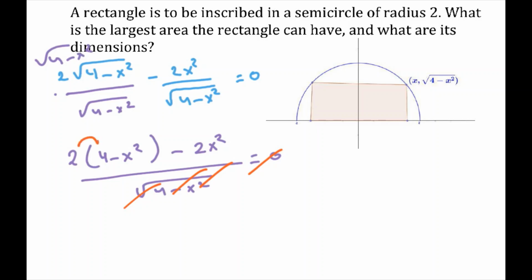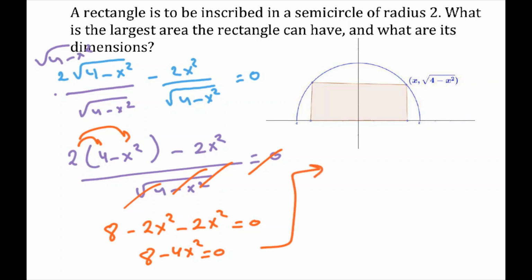Now I'm going to expand. Divide both sides by negative 4, and x squared is 2, so x equals positive or negative square root of 2. Of course, we're not going to take the negative, because we are calculating a dimension.